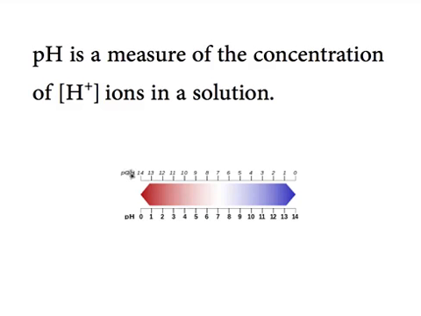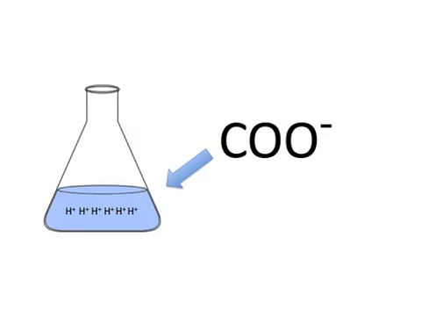That is because it has a higher concentration of OHs, and the OHs want to make water. So basic wants to deprotonate, acidic wants to protonate. Acidic wants to add an H, basic wants to pull an H away.